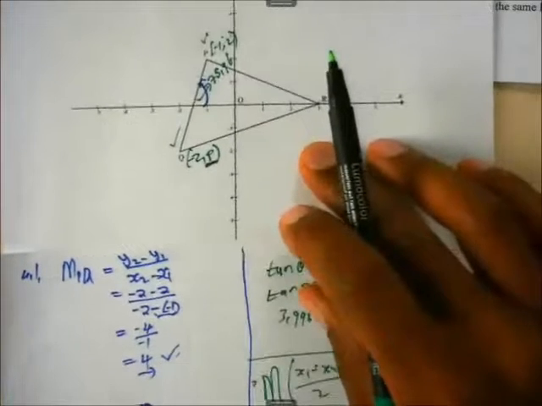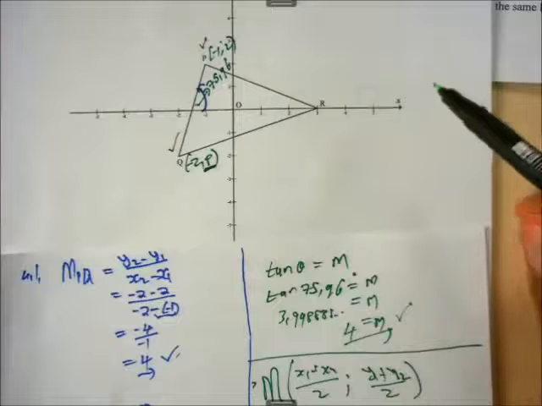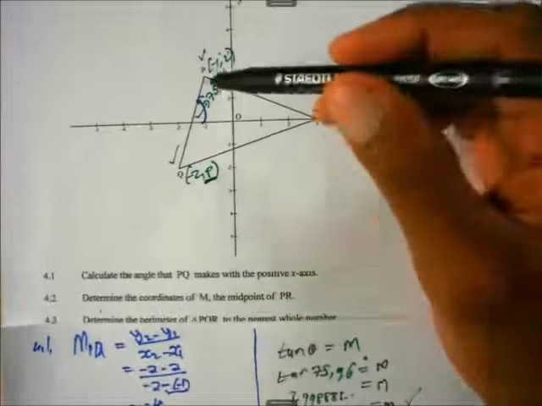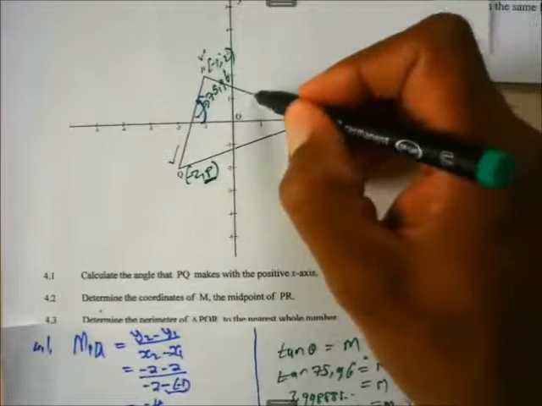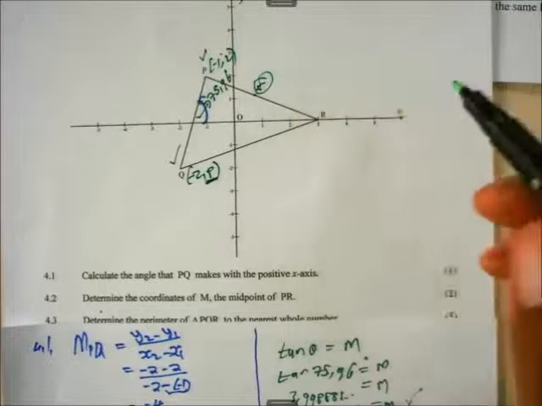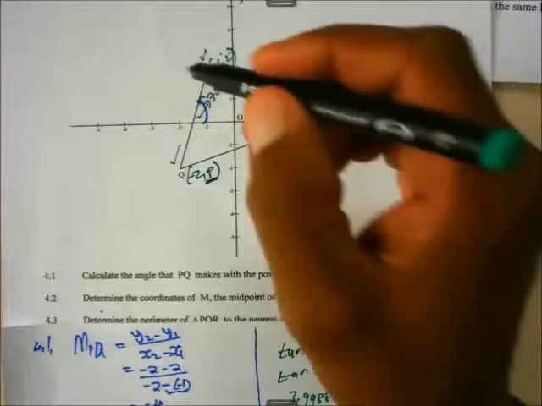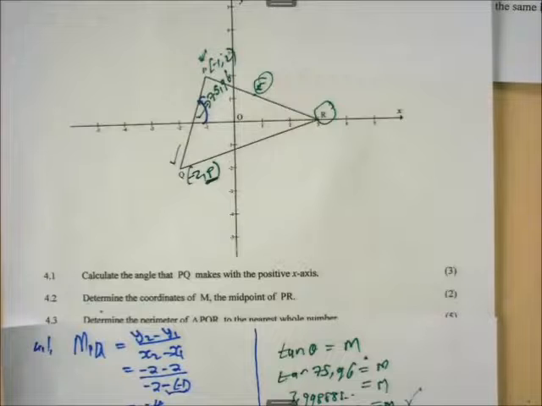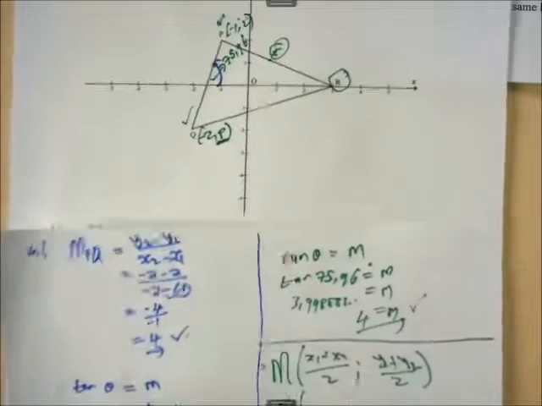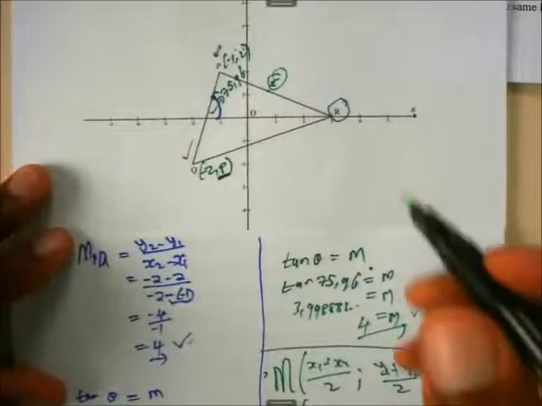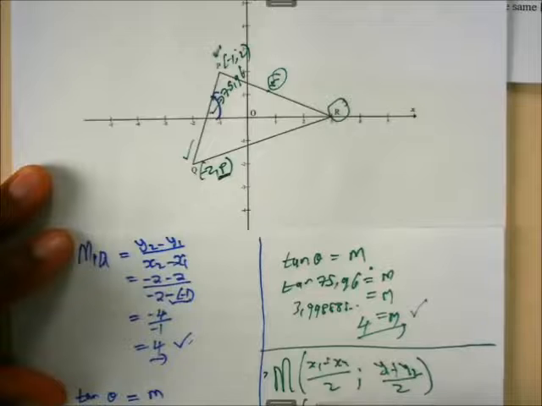Now it means we need to go back to our diagram to check where PR is. This is PR. Then it means M is somewhere on this side here. It means now we need the coordinates of R as well as the coordinates of P. Now from here we will say, okay, x1 here is -1, and then what is x2?